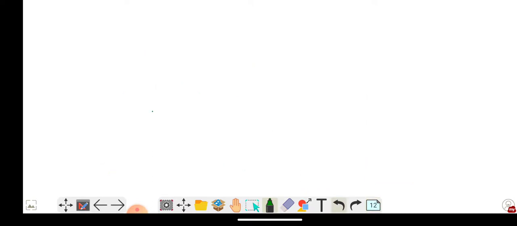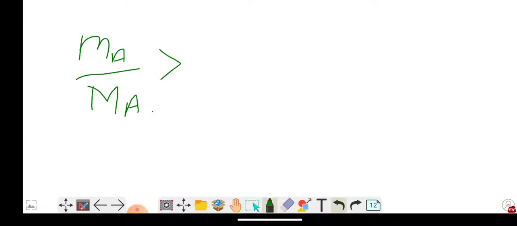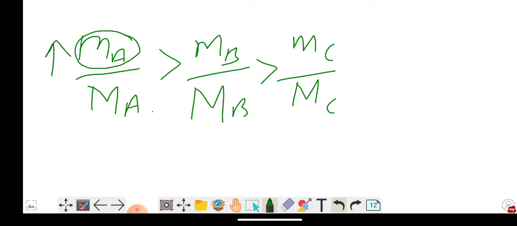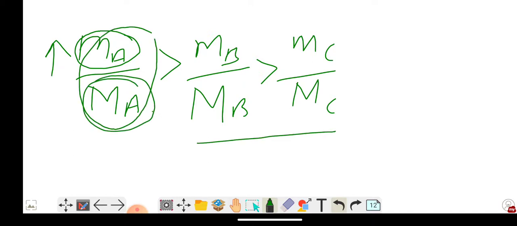Now the order is given mass of A upon molar mass of A is greater than given mass of B upon molar mass of B is greater than given mass of C upon molar mass of C. For this quantity to be greater than the other two, the molar mass Ma must be small.